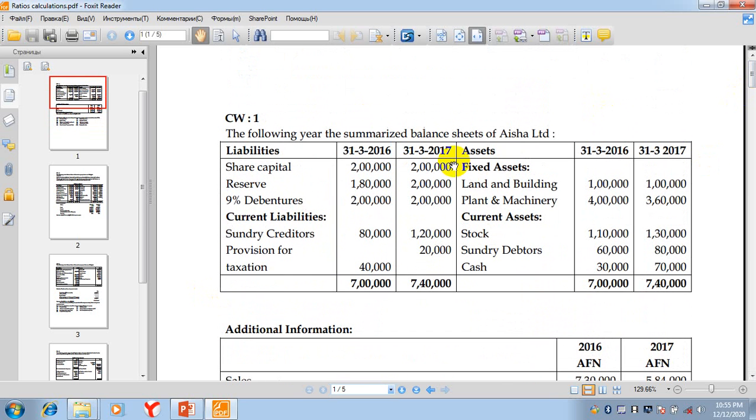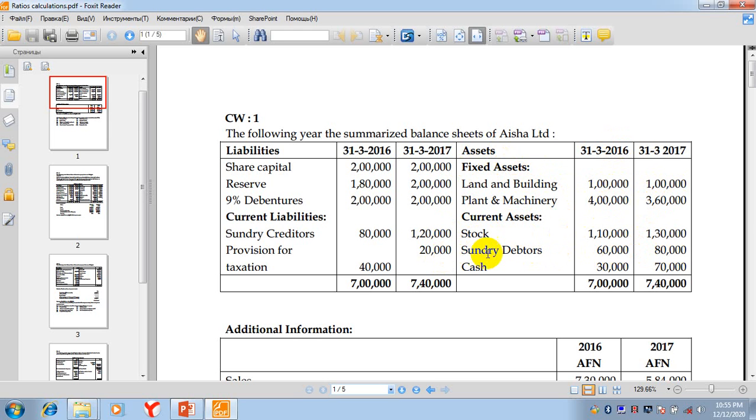So see, this is the balance sheet of Aisha Limited. This is 2 years of data, 2016 and 2017. This is the asset side. These are fixed assets: land and building, plant and machinery. Current assets: stock, sundry debtors.